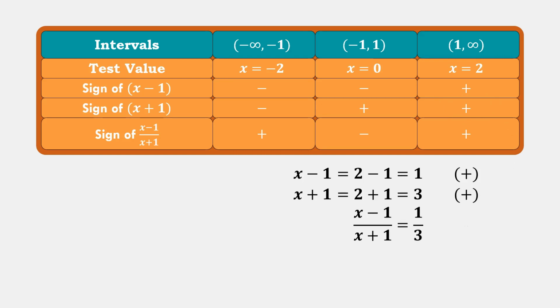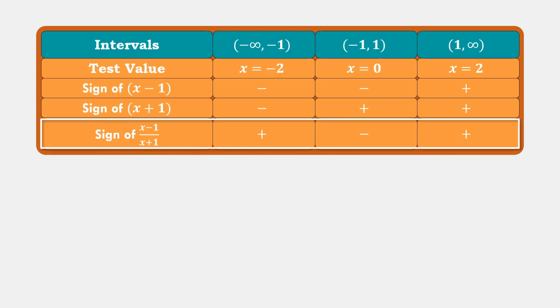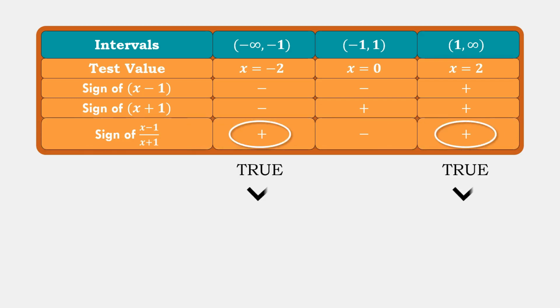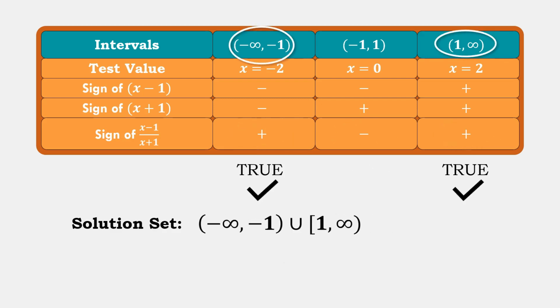So your sign is positive. If the sign in x minus 1 all over x plus 1 is positive, then it is true. And if the sign is negative, then it is false. Meaning, the solution set for x is negative infinity to negative 1, union 1 to infinity.